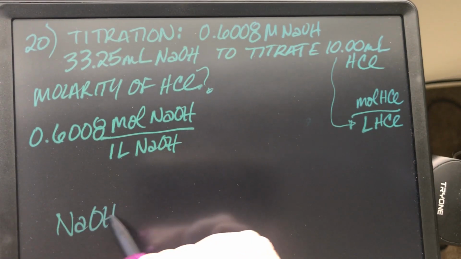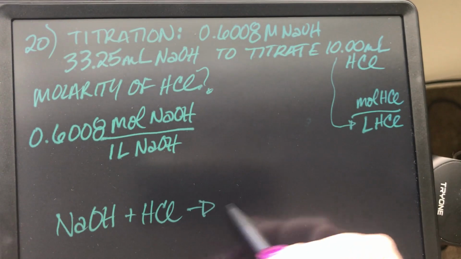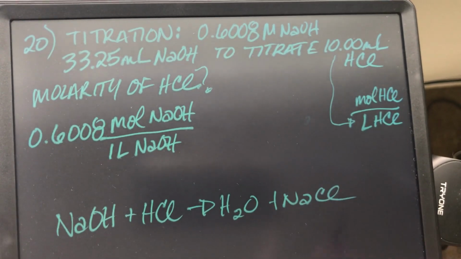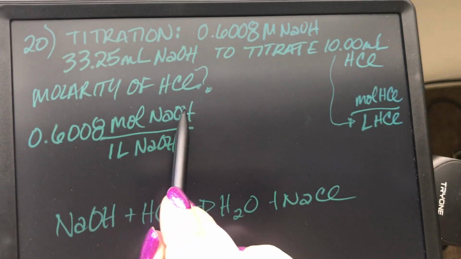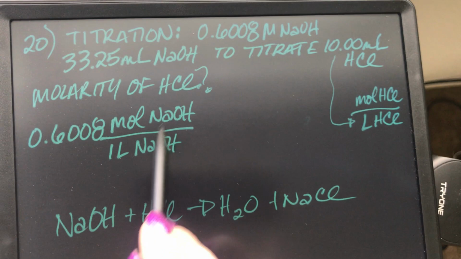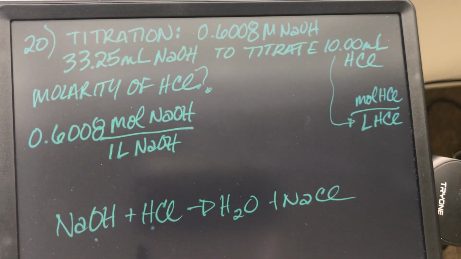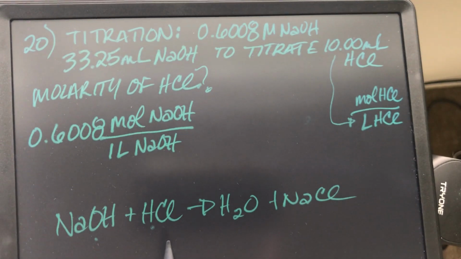We need that reaction, right? If we can isolate moles of NaOH, meaning get rid of the liters on the bottom, then we can use the molar ratio of these two to convert moles of NaOH to moles of HCl.